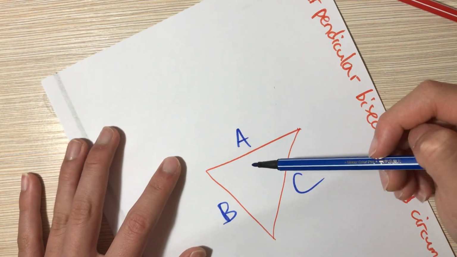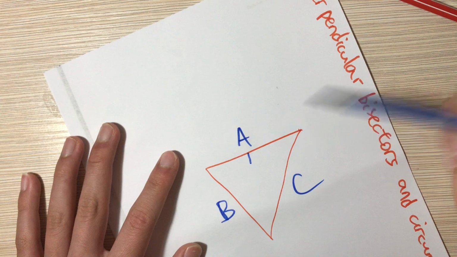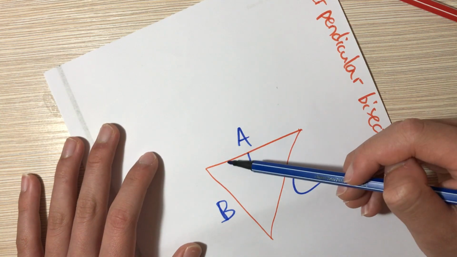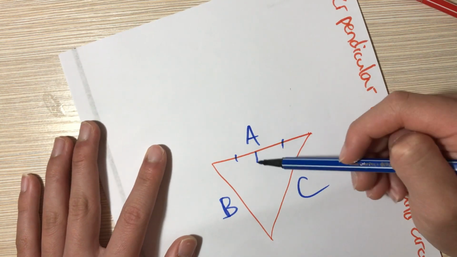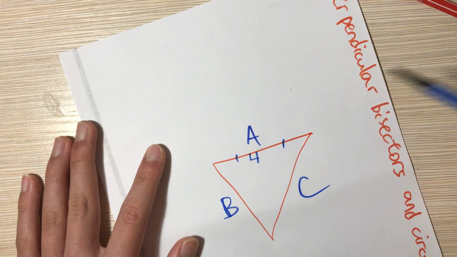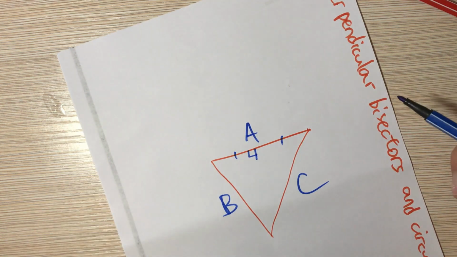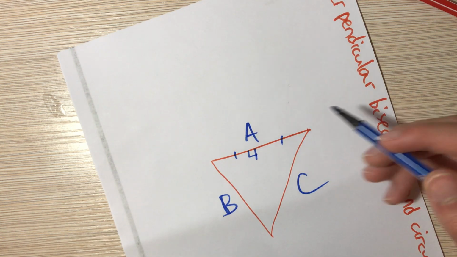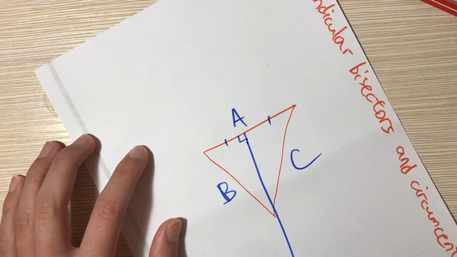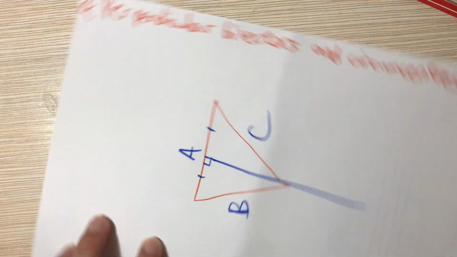In other words, we draw a line so that these two lines are the same. At the same time, they have to be perpendicular. And then we draw it, no matter how long it is.